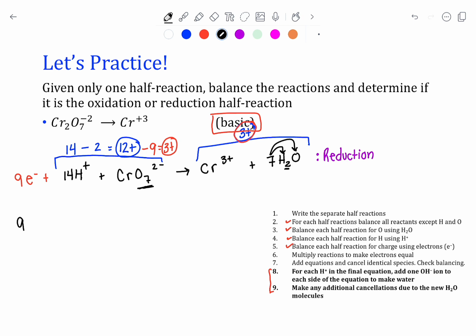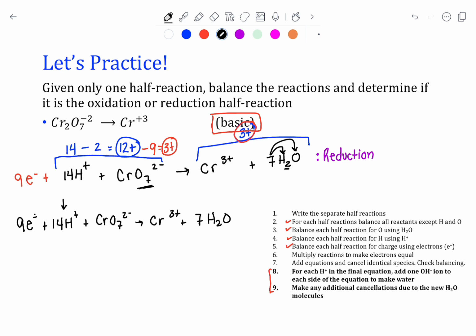So we have 9 electrons plus 14 H+ plus Cr2O7 2-, goes to 2 Cr3+ plus 7 H2O. So that is our reaction in acidic solution.